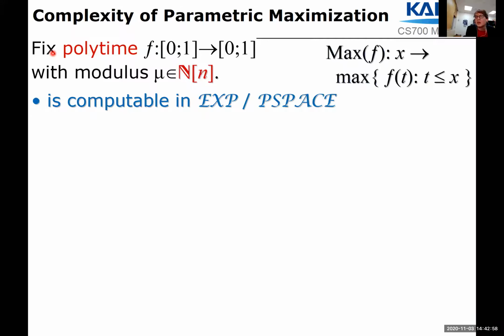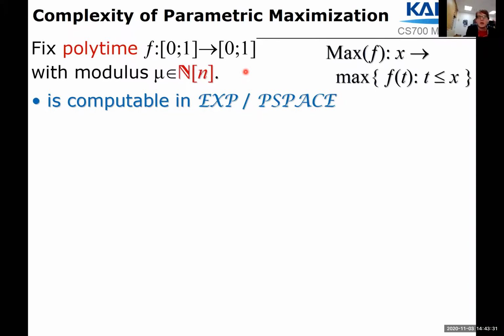Okay, so in order to avoid that issue, we're going to fix a polynomial time computable function. So it's not input, it's just fixed. What is the input is the parameter of the parametric maximization x. And the first thing we observe is that computing this new function, the parametric maximum, which is a non-decreasing function, can be done in exponential time, and even more, it can be done in PSPACE.